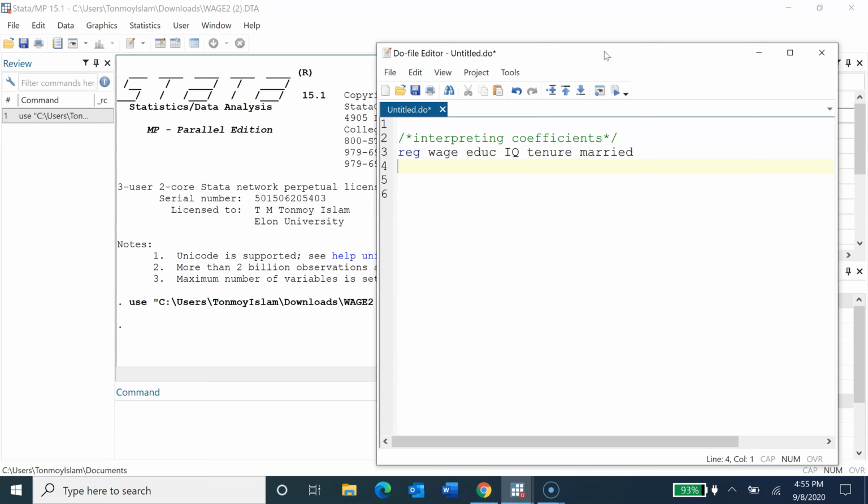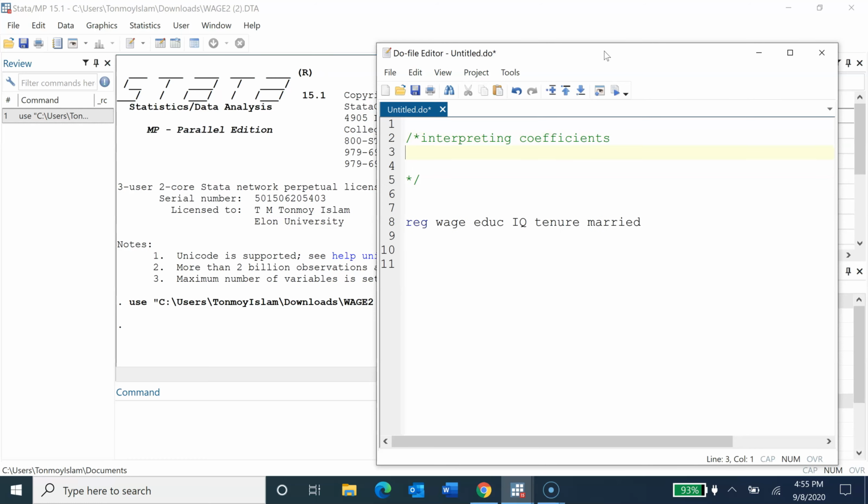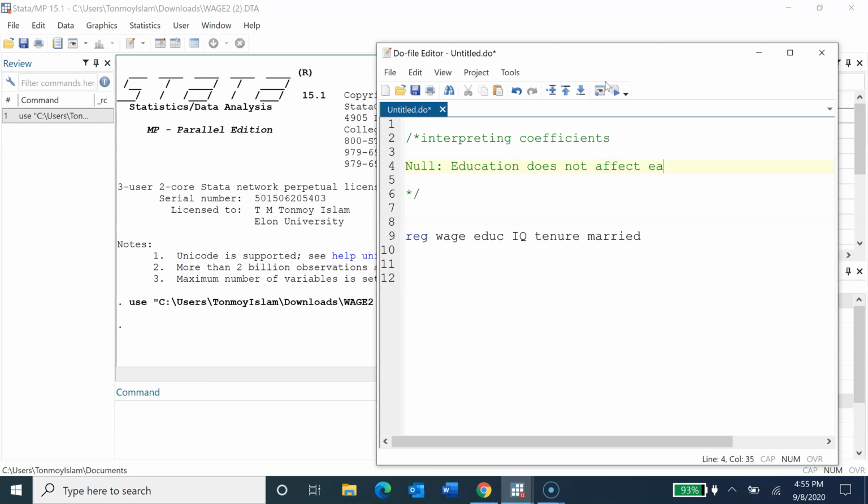Now, to test the model, we first need to come up with some hypotheses. Let's say we want to test whether education has an effect on earnings. So if we want to test if education does or does not affect earnings, we first have to come up with our null and alternate hypothesis. Here we are saying the null is that education does not affect earnings.